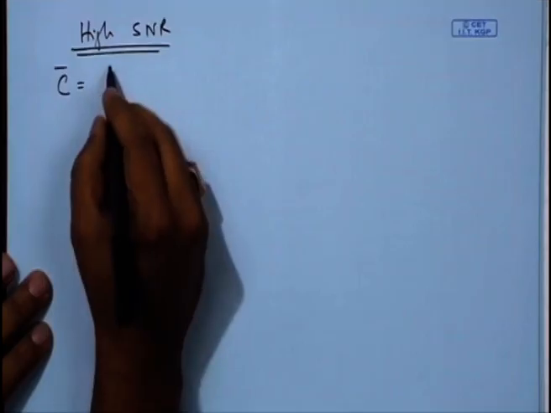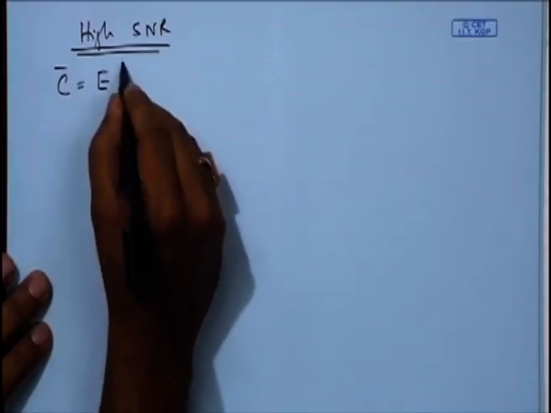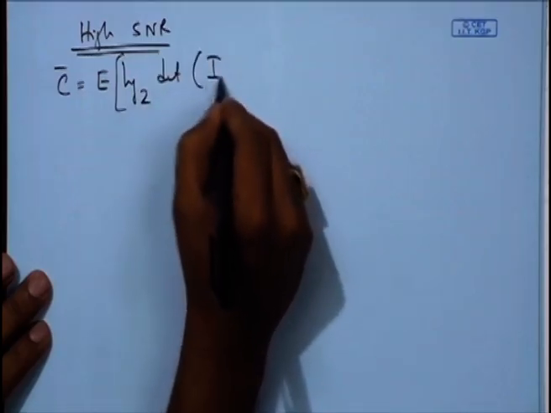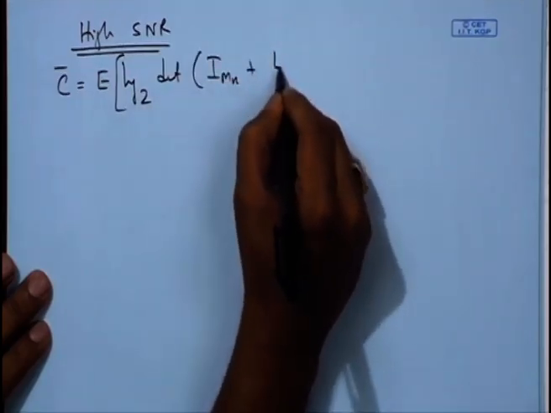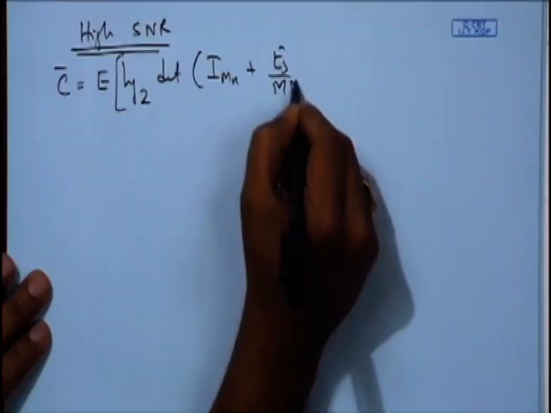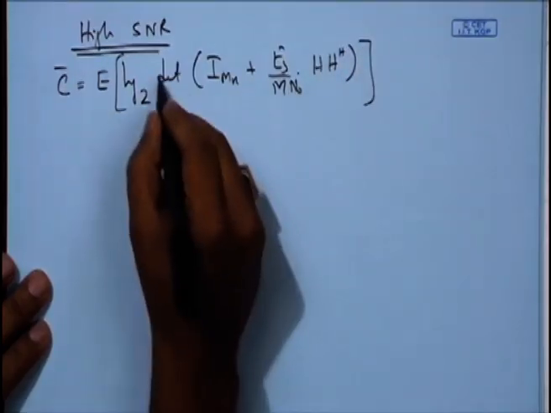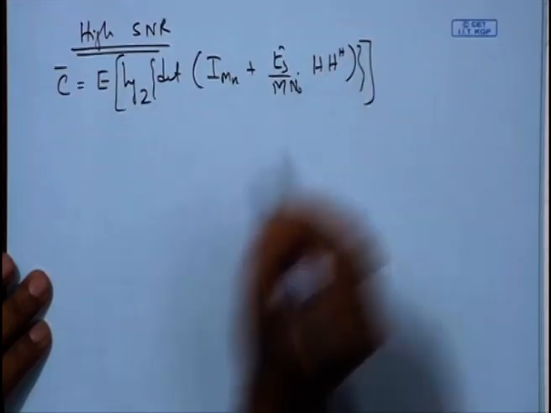So the ergodic capacity is basically the expectation of log base 2 determinant of I_MR plus Es by M_T N_0 times H H Hermitian. This is what we are quite used to now, this particular expression.